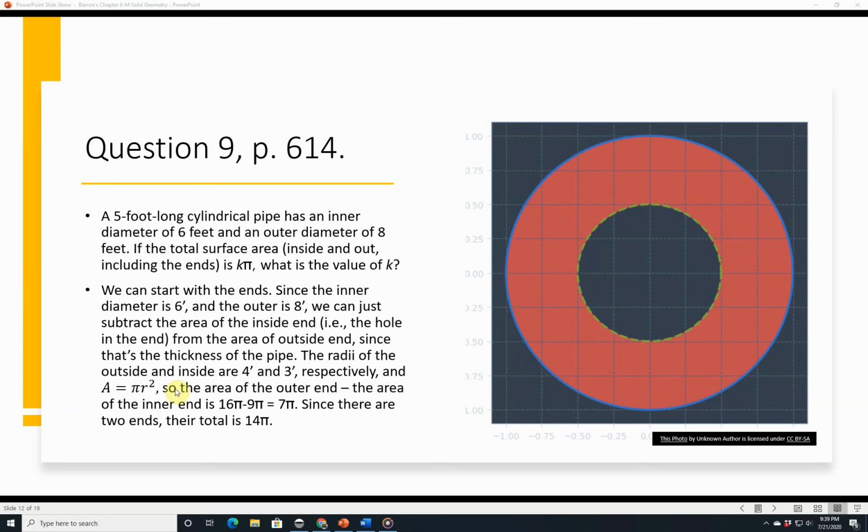So we know area is pi r squared, so the area of the outer end minus the area of the inner end is going to be 4 squared times pi, which is 16 pi, minus 9 pi, which is 7 pi. Since there are 2 ends, their total is 14 pi.